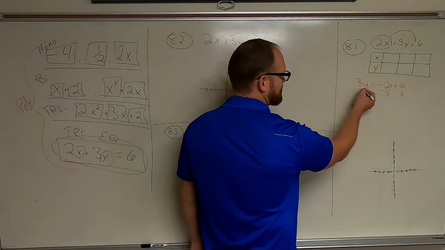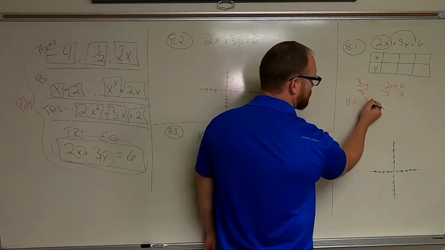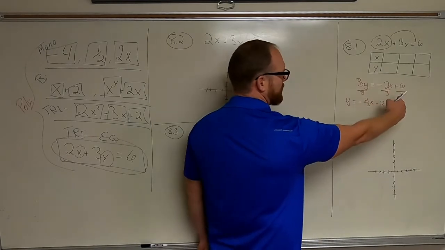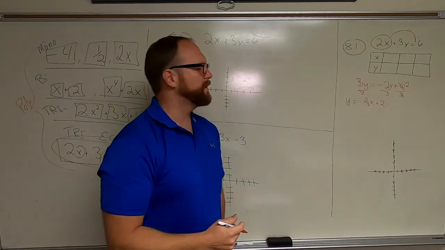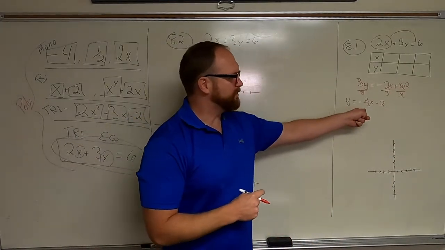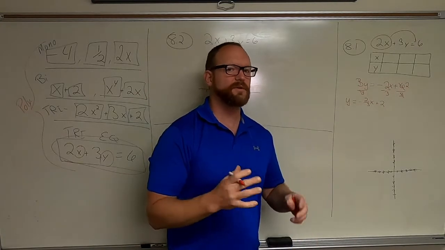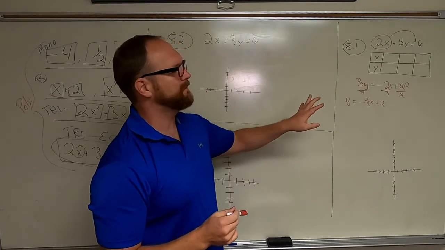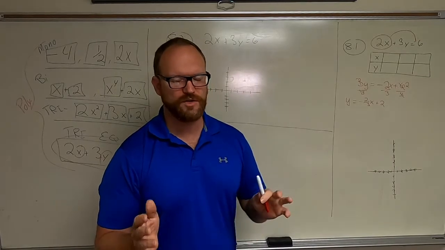And so what happens is this 3 cancels, and we end up with y equals negative 2/3 x plus 2, because this 3 goes into that 6 2 times. So now we have y equals negative 2/3 x plus 2, a basic equation, and that's something that we can work with. We can make this work for us very easily when it comes to this table. So step 1, we solve the equation for y.